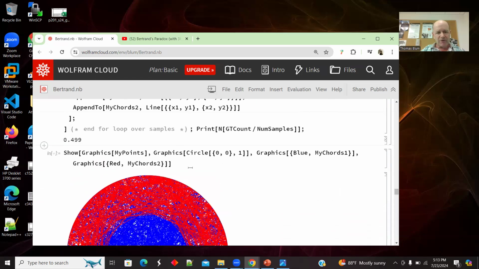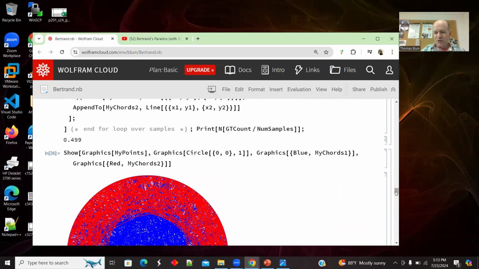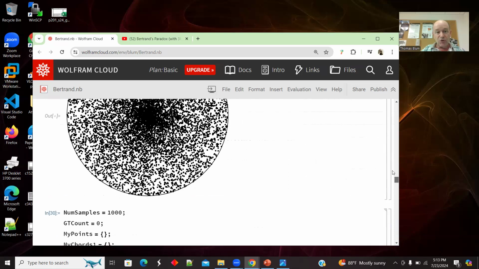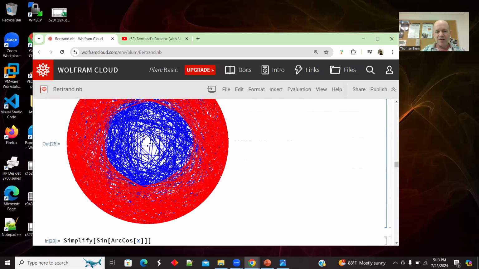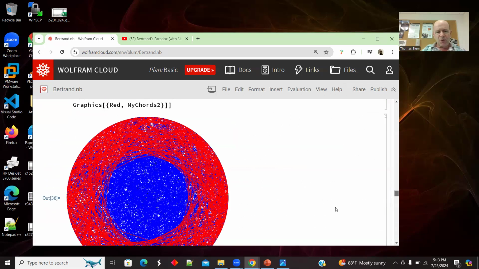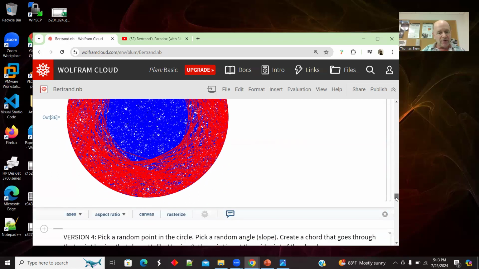So if I make my graphic, this seems to have filled in the chords. In version 2, it seemed to be empty. There seemed to be a dearth of chords. This one seems to be more filled in. Okay, it seems to have more chords all the way around.